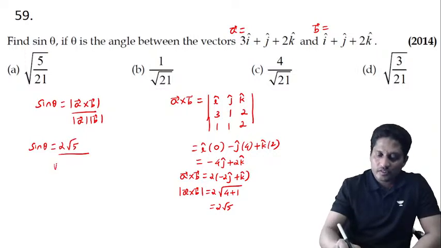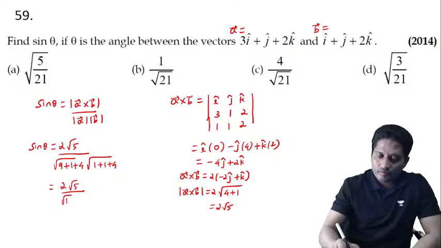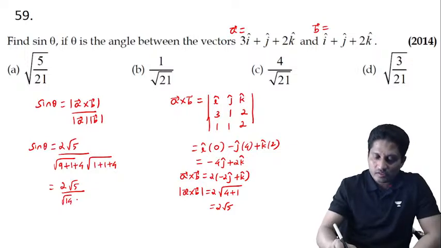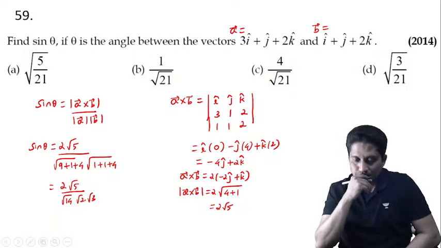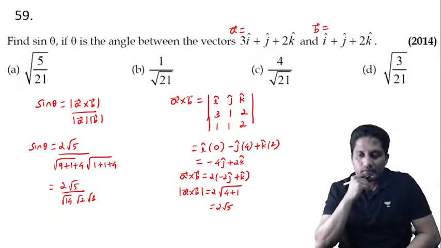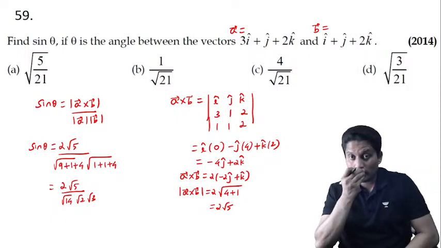Modulus of A is root of 9 plus 1 plus 4, and modulus of B is root of 1 plus 1 plus 4. So this is 2 root 5 divided by root of 14 and root 6. Root 6 can be written as root 2 into root 3. Let me verify A cross B: 3, 1, 2 and 1, 1, 2.